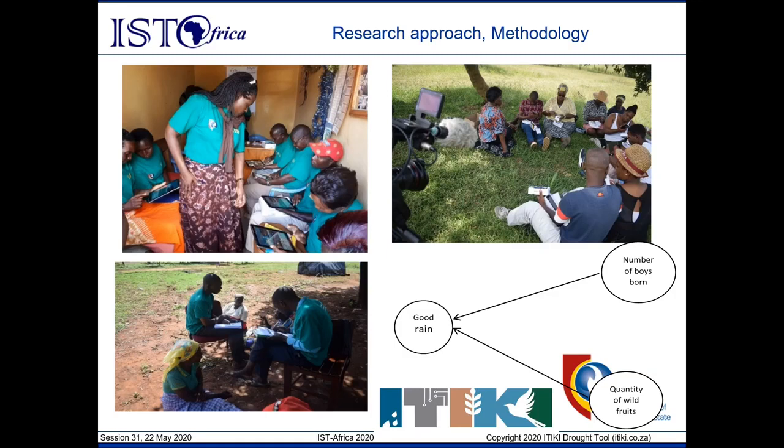And then the second one is quantity of wild fruits. A specific wild fruit would indicate that the oncoming rain will be a good one. So we use fuzzy cognitive maps, a well-recognized mapping strategy in computer science, to be able to present all the scenarios they gave us for the drought prediction.